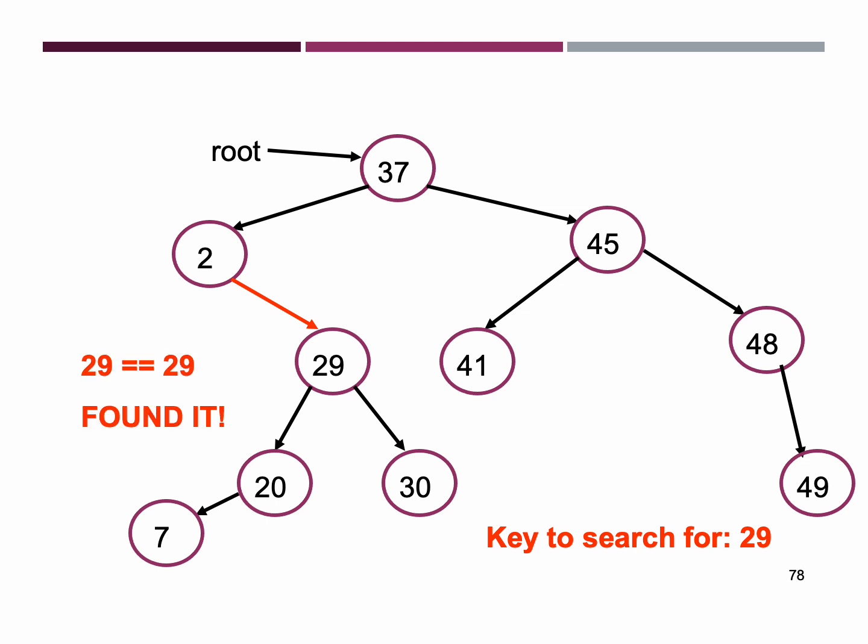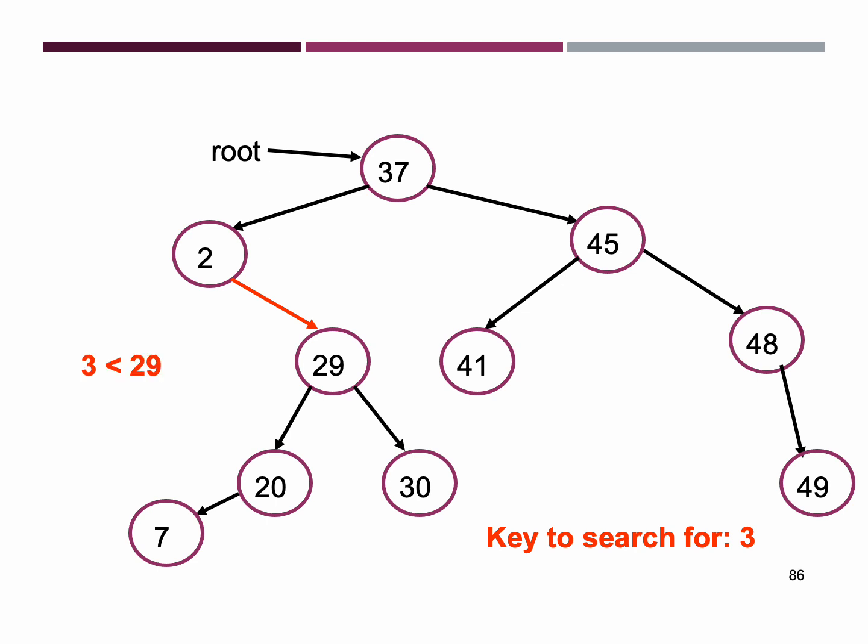It is that easy. So let's say we want to search for 3. We don't have 3 here. How can we search for 3? So start with root, we have 37. 3 is less than 37, it will go left. Now 3 is greater than 2, it will go right.